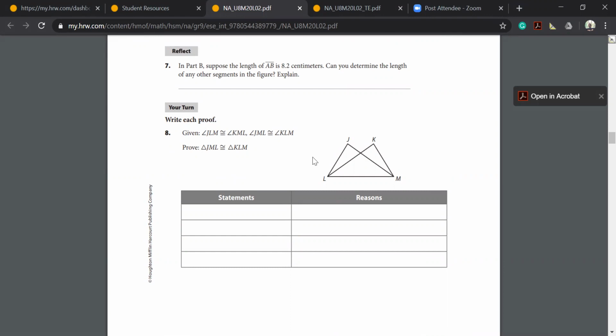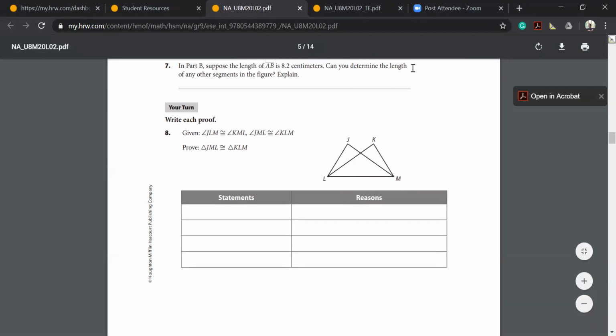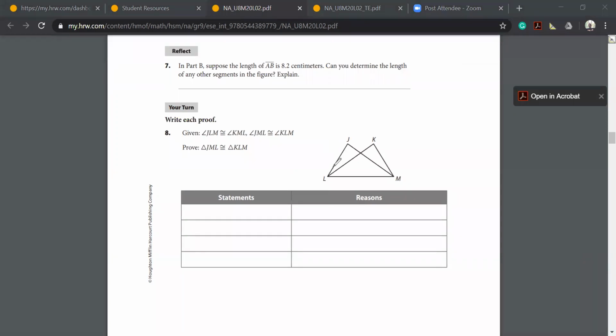So here he is telling you, again, a given thing, that measure angle JLM, this big angle in here, is equal to KML. Again, this big angle in here. So these two angles are equal.